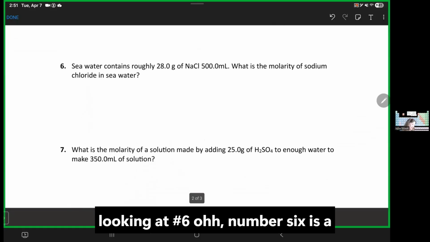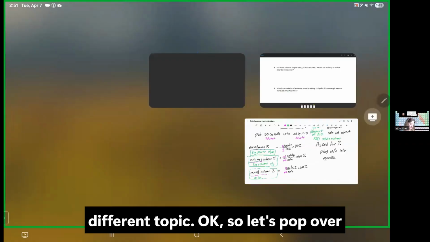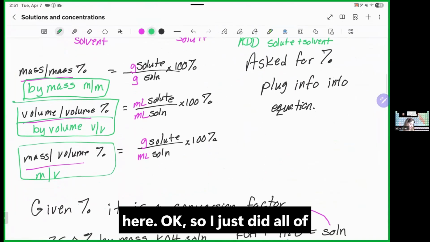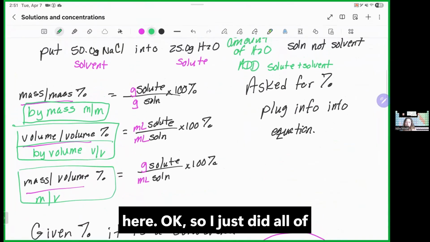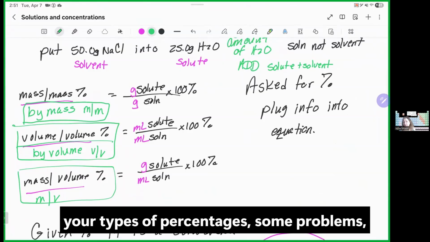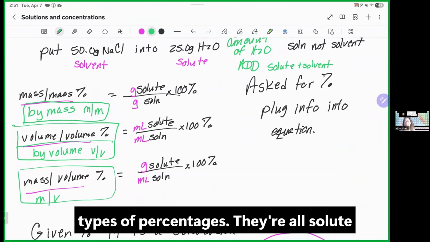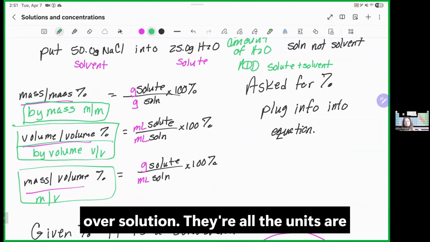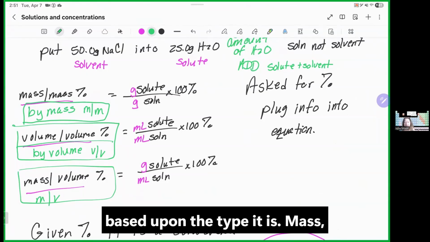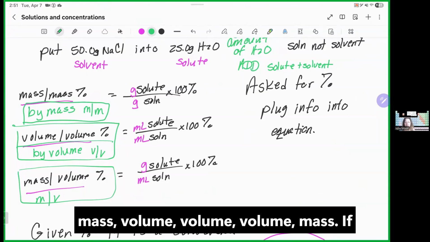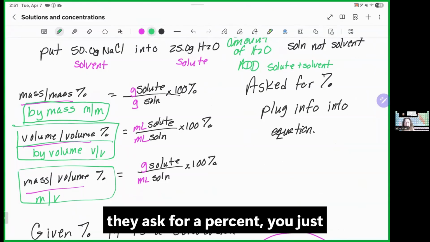Okay, so looking at number 6. Oh, number 6 is a different topic. Okay, so let's pop over here. I just did some example problems for all of your types of percentages. They're all solute over solution, and the units are based upon the type it is: mass, mass, volume, volume, volume, mass.